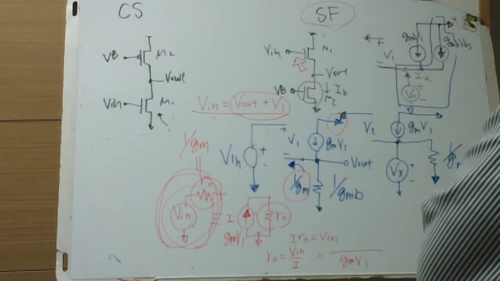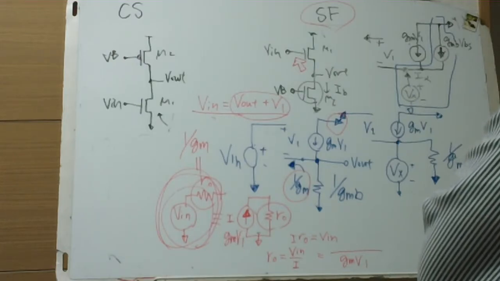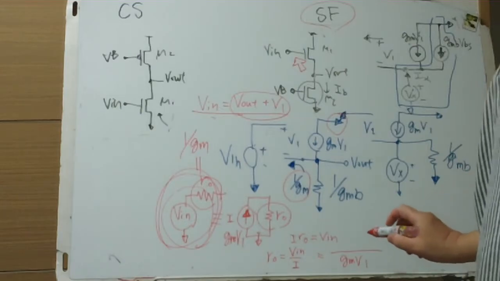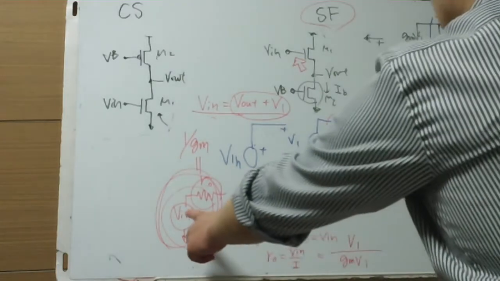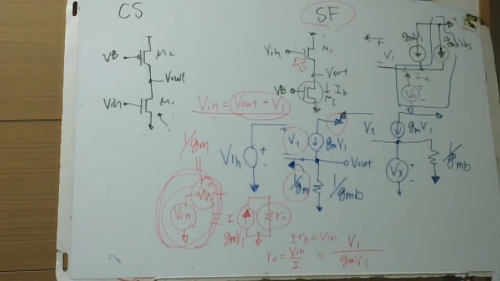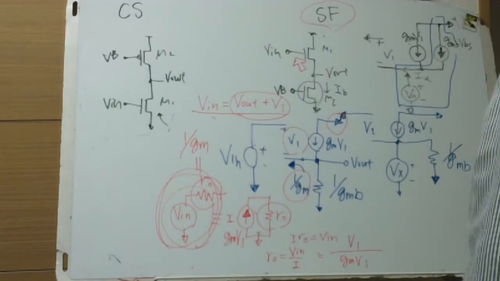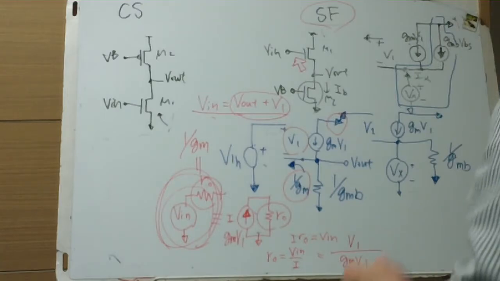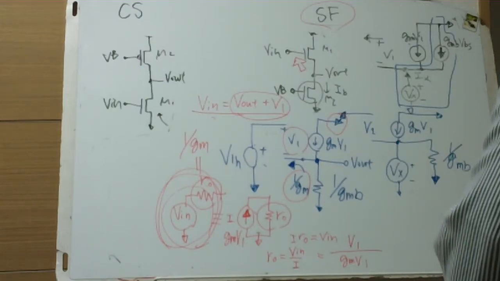So V1 minus V1. This is I equals GmV1, and this means V in here is V1, this voltage, because V1 is applied.